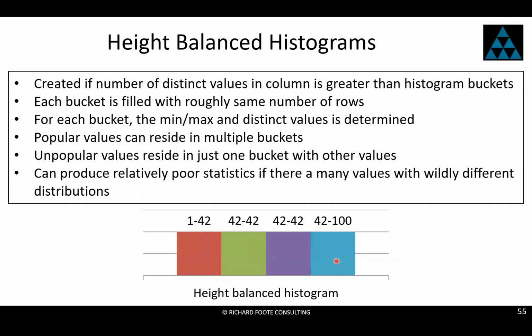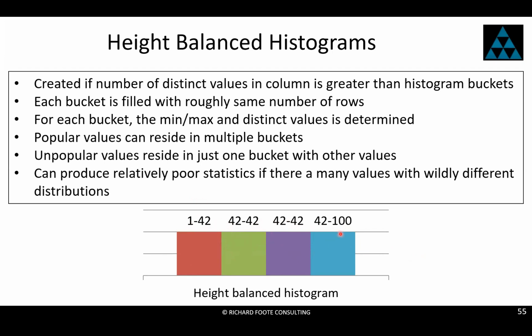So the default, unless you use Oracle's default calculations, is to have height balanced histograms. What Oracle says is, for each bucket, I'm going to fill roughly the same number of rows in each bucket. So here I've got 4 buckets, and I'm going to fill each one with roughly the same number of rows. For each bucket, I will know the minimum, the maximum, and also the number of distinct values.